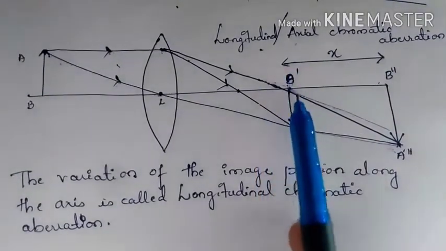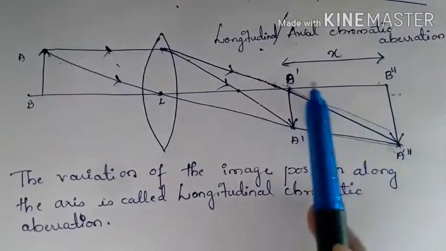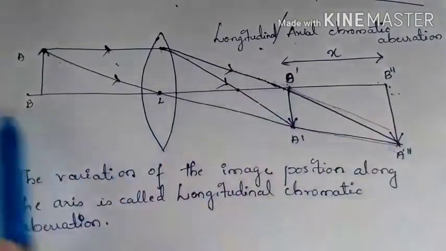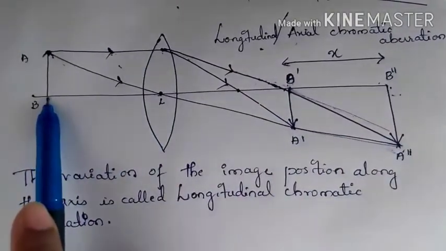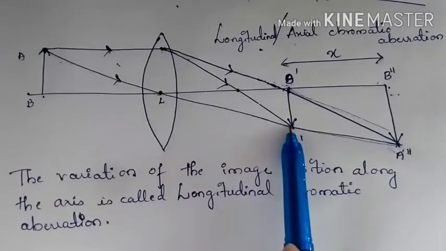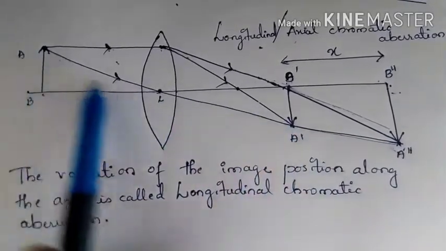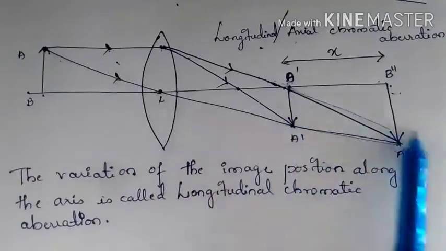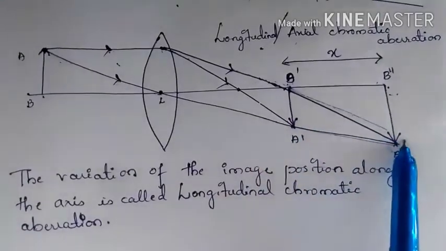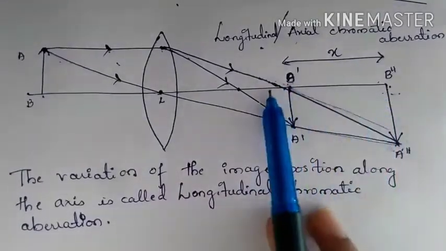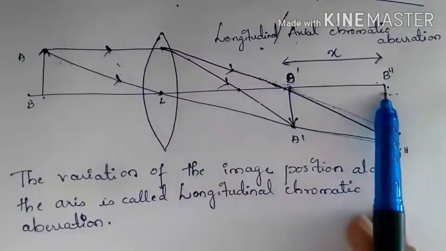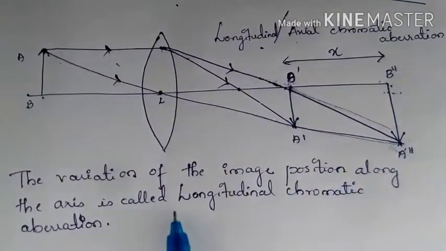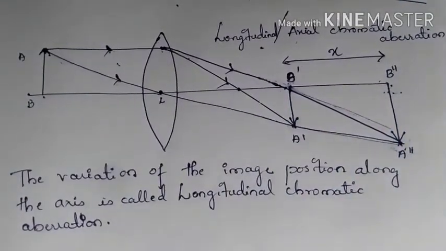So this is just a variation in the position of the image. Here you have one object, so you should get one image, but with chromatic aberration you are getting two different images, and the variation in the position of the two images is known as longitudinal chromatic aberration.